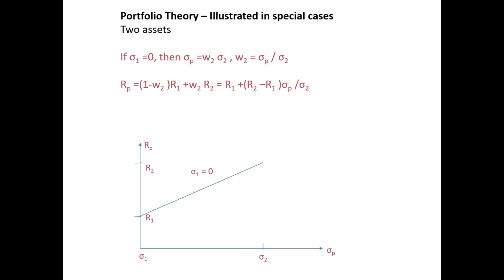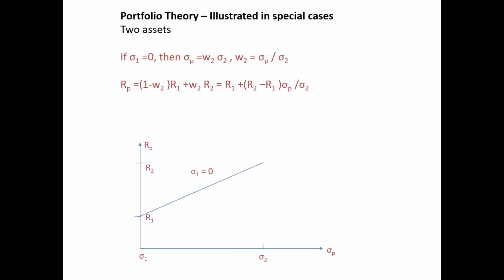Then from the equation earlier, we can derive that sigma p, the portfolio volatility, is simply W2 times sigma 2, right? Because sigma 1 is 0. And therefore W2, the weighting on asset 2, is sigma p divided by sigma 2, right?